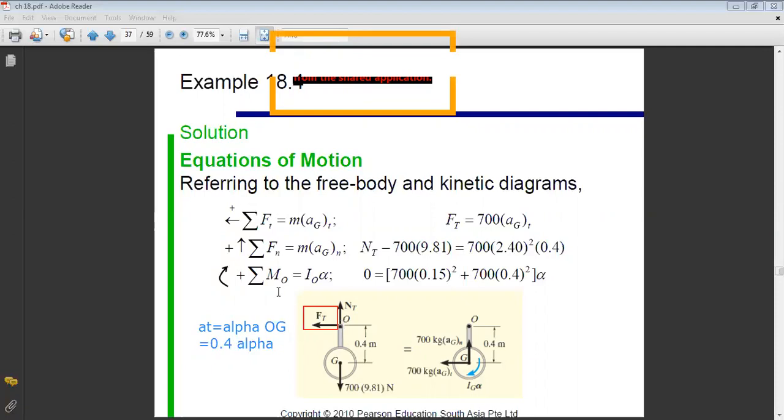So sum of moments about O is 0, equal to IO alpha. And because it's 0, then alpha is 0. And because alpha is 0, AT will be 0, and sum of T will be 0. So force Ft will be 0. Question on this? Any question?